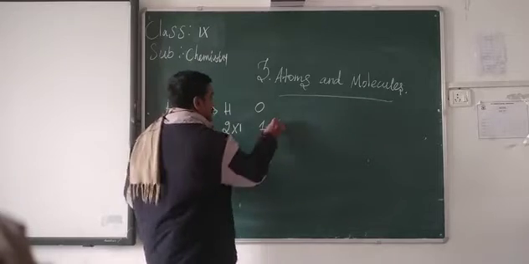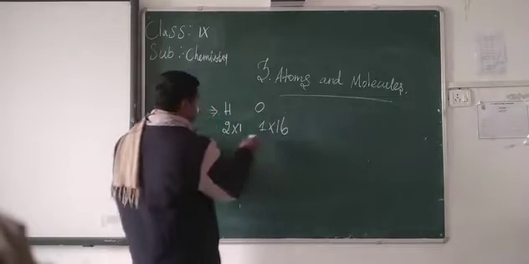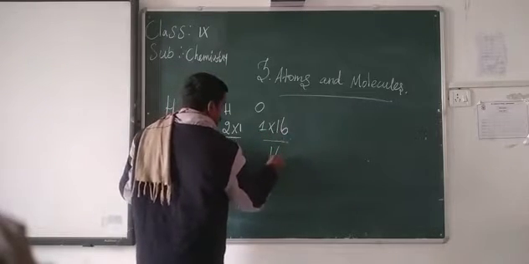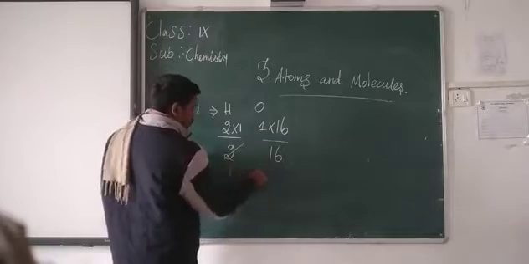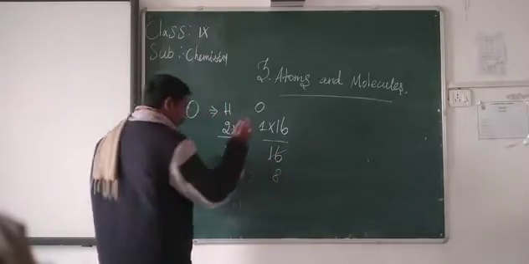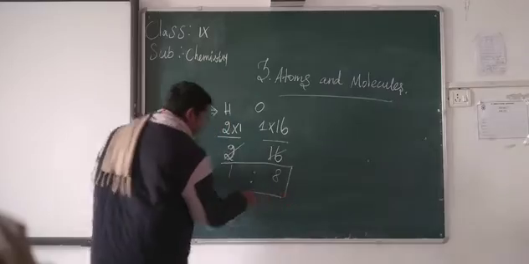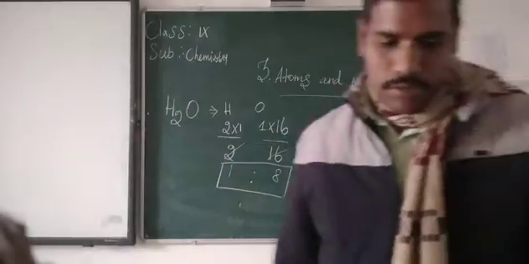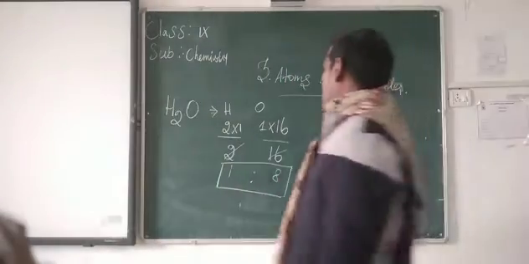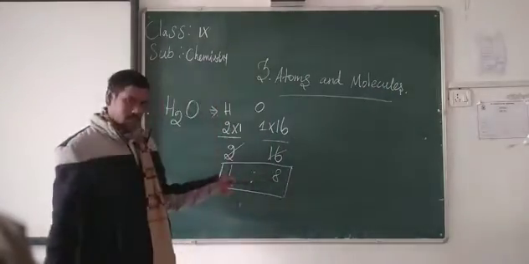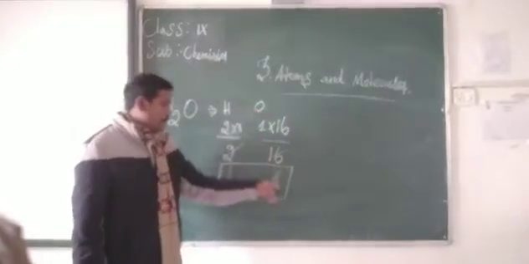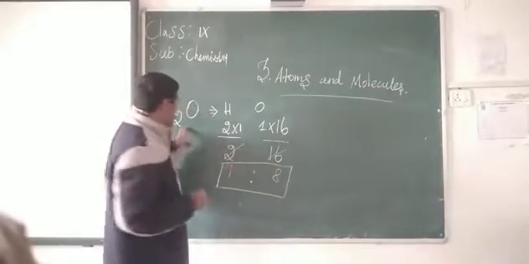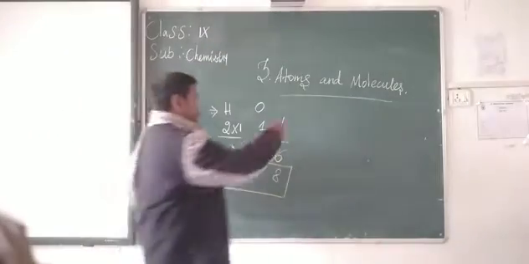That is 16. Now 2 into 1 is 2. 1 into 16 is equal to 16. Now you got 1 to 8. So in this ratio only the water molecule will be formed. If hydrogen is 1%, then the oxygen will be 8%. In this ratio only the water molecule will be formed.